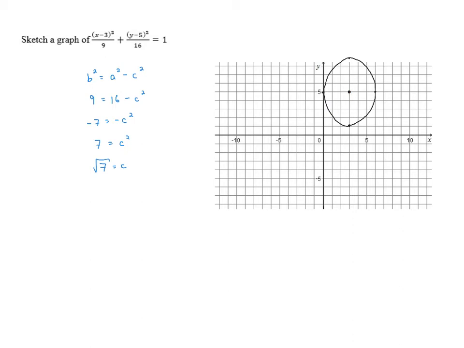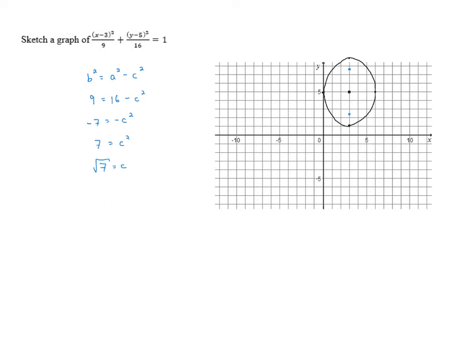If we wanted to plot those, the square root of 7 is about 2.6. So from the center, we would go up about 2.6, and then also down about 2.6. And those would be our foci.